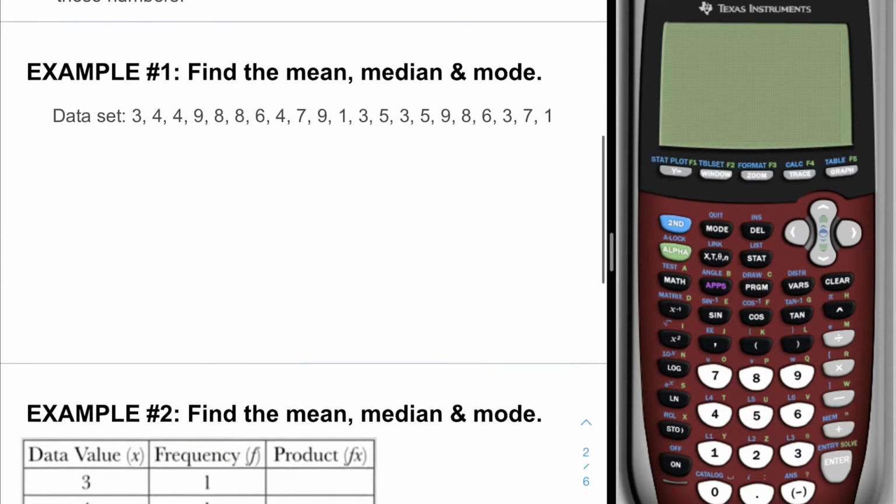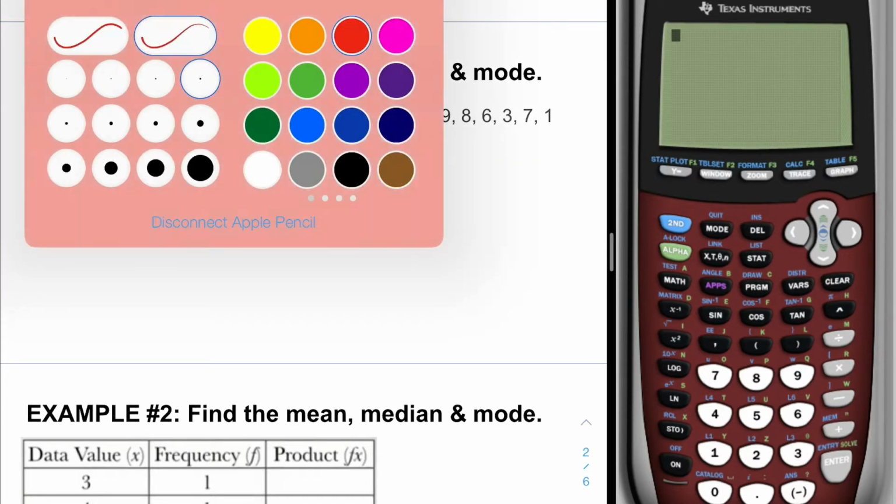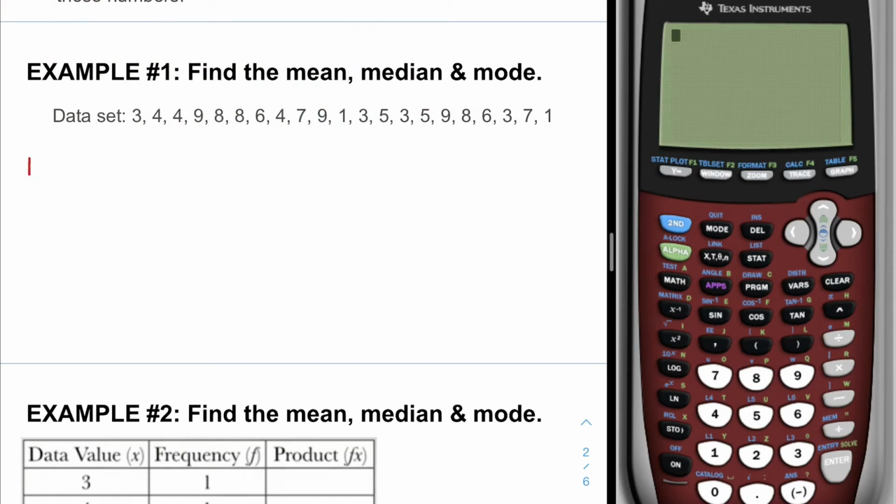Okay? So, let's do example 1. In order to find the mean, we're going to add all those numbers up and then divide by however many numbers we have. I'm also going to give you the symbol. Your mean is the same thing as having your x with a bar over it.